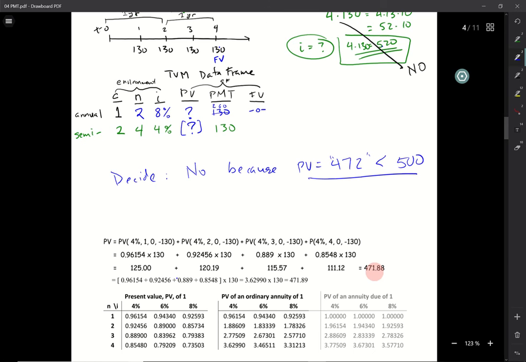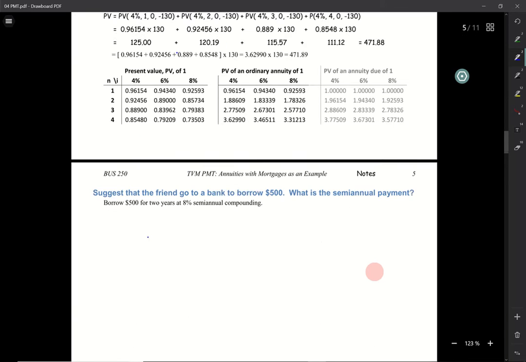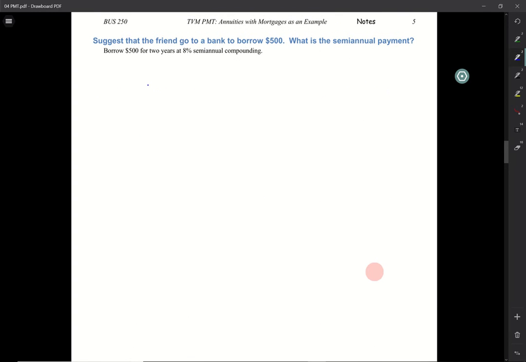You might say, well, I feel bad. If you really want it, you could go to the bank and get a loan. If you borrow 500 from the bank, you could give me the 500, and then you have to make payments to the bank.